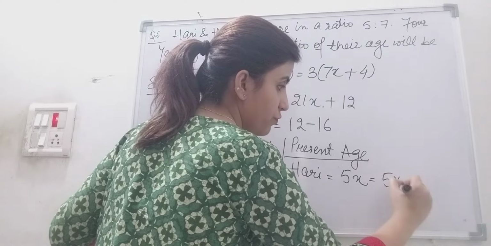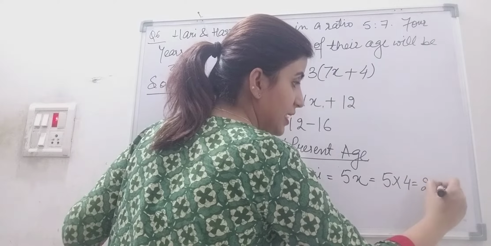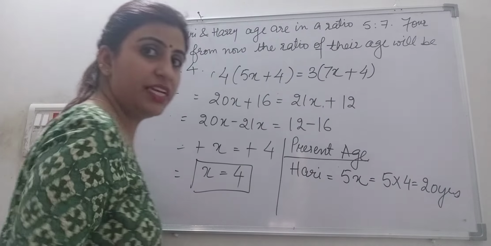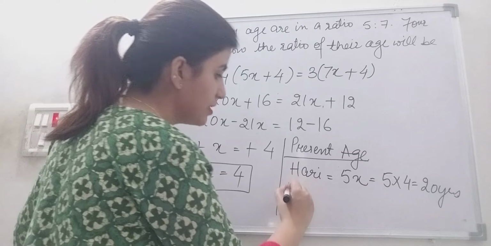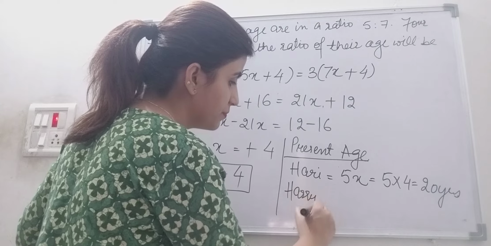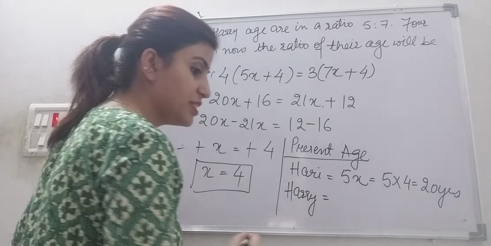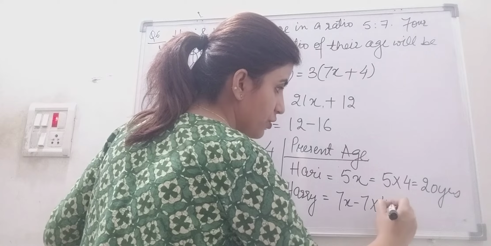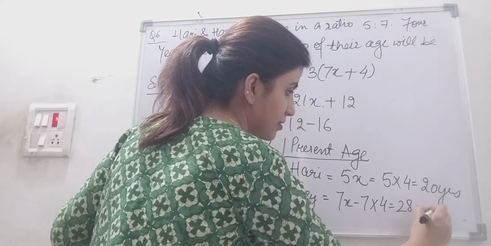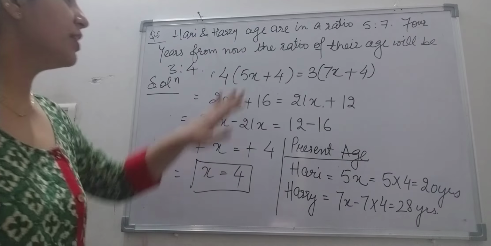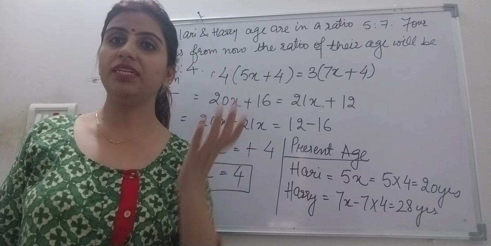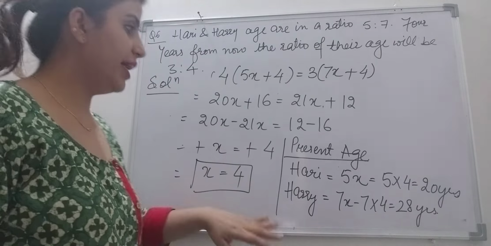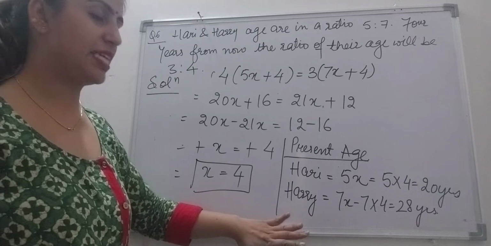That means 5 into 4, 20 years. Present age of Hari is 20 years. And what is Harry's present age? It was 7x. 7 into 4, 28 years. So first we have to understand the question, convert it into simple language and form an equation. These are easy steps.